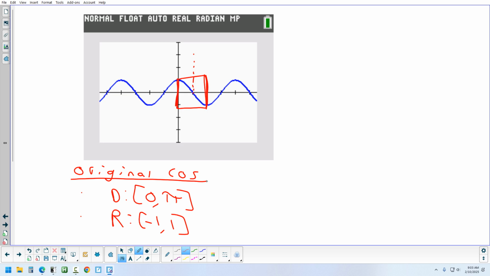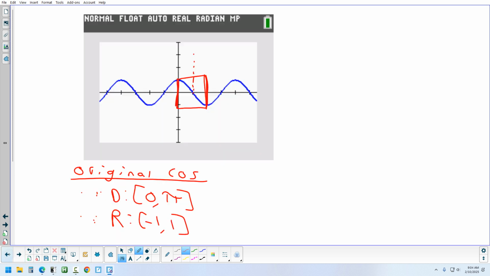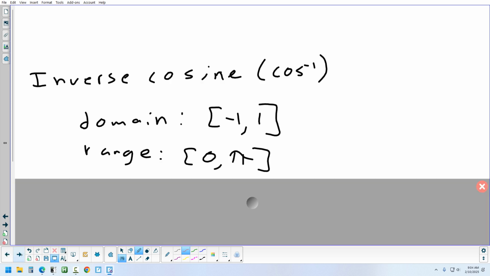When we talk about inverse cosine, what's going to happen with these two things? They're going to switch. So now the range is going to be from 0 to pi, and your domain is going to be from -1 to 1.